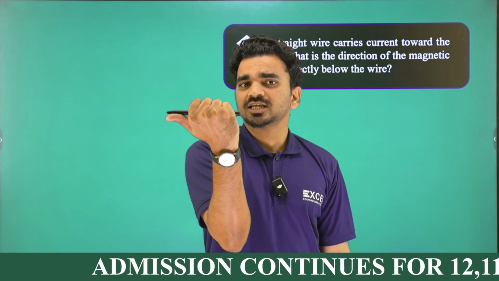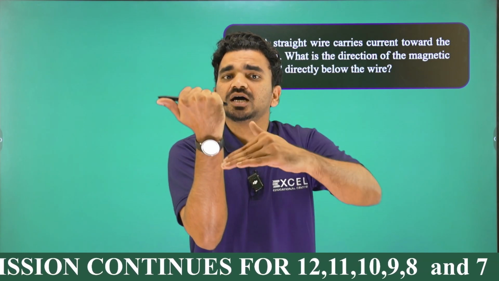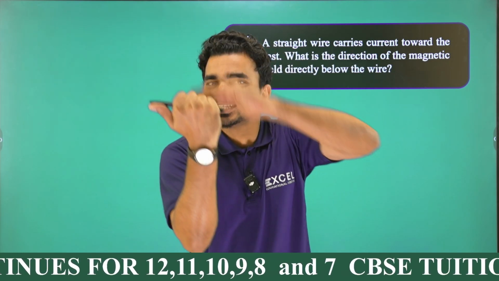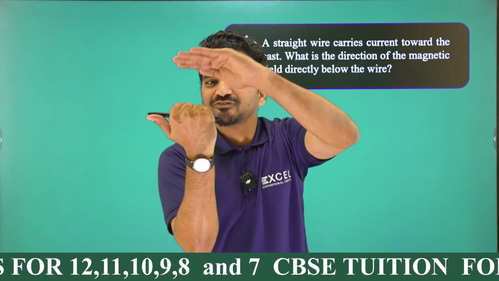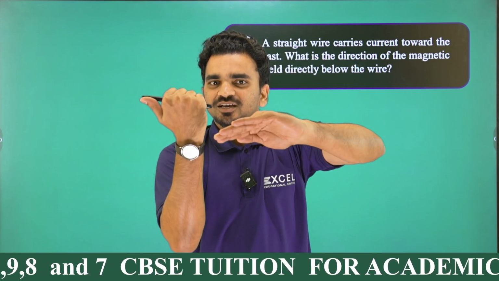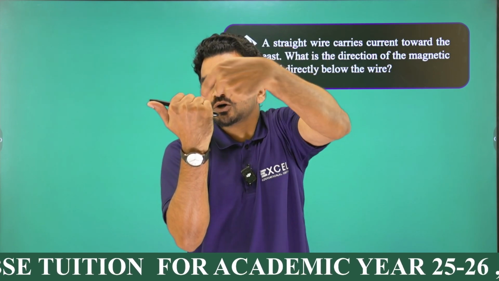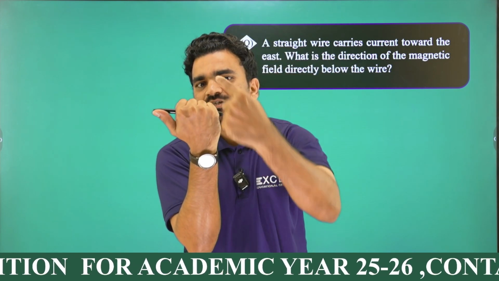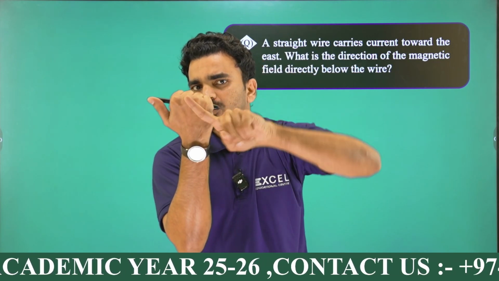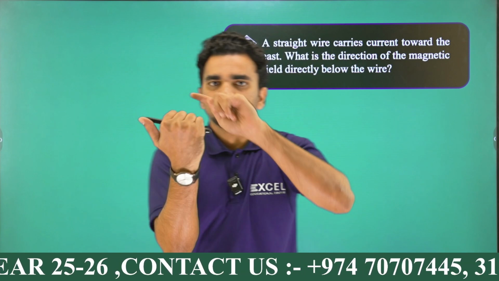When you do this, then what Maxwell said is that these curled fingers give the direction of the magnetic field. So here the curled fingers run this way. So the magnetic field around the straight wire runs this way. Okay. So I'm going to use one of my fingers to move along the magnetic field direction here. Like this is the way the magnetic field is going. All right. When you look at the side view, it will be like this. Okay.